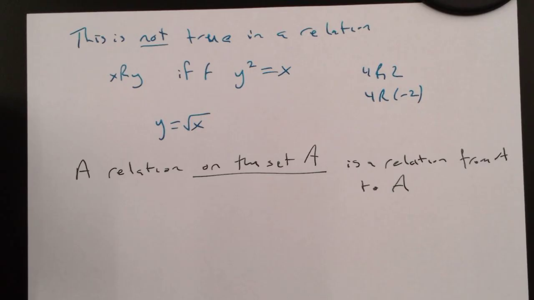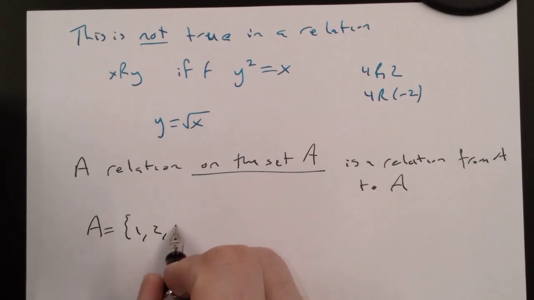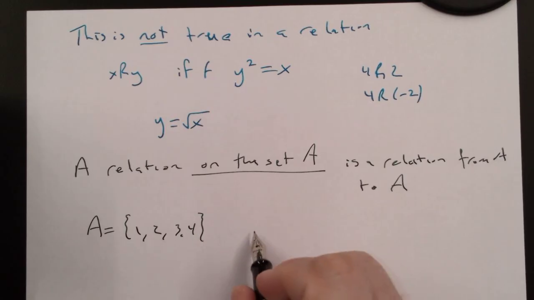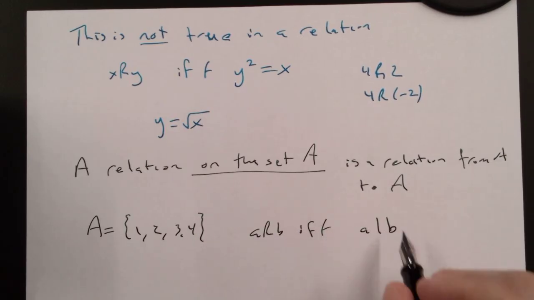The relations on a set. Example. Please notice that I define all of my relations using if and only if sentences. A is related to B if and only if A divides B.